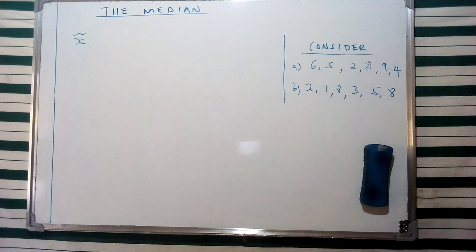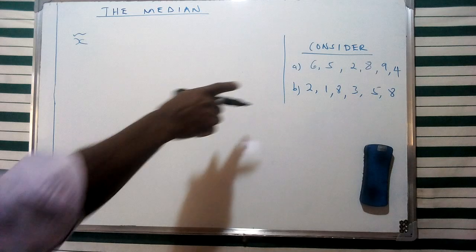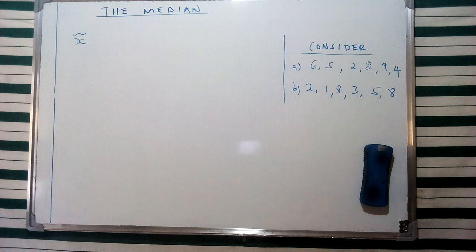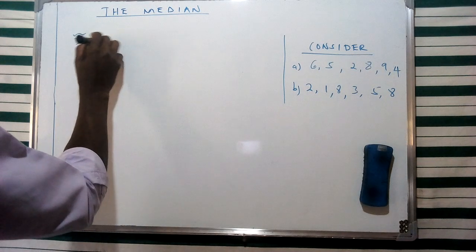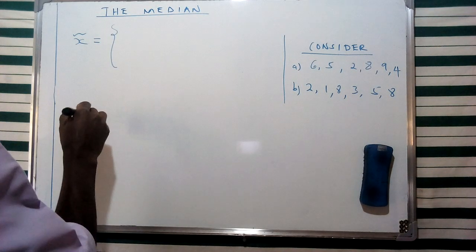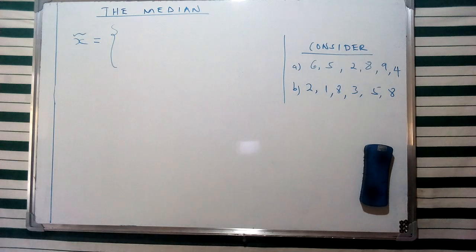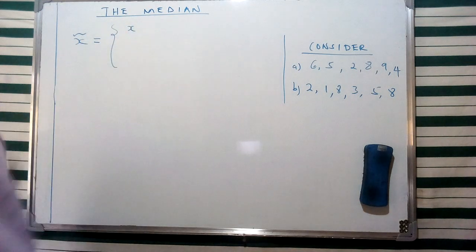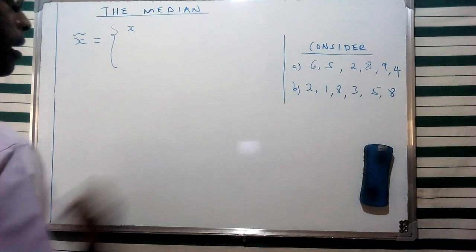Now, for grouped data, we had a specific general formula for representing this particular concept of an average referred to as the median. And for grouped data, I'm going to use that specific illustration which I've given for A and B in trying to find a general case for evaluating this particular average that we refer to as the median. So therefore, we're going to have this particular formula which is going to be used in evaluating the median for grouped data, whereby we are going to have this specific case being given for two cases, for odd and even number of n.